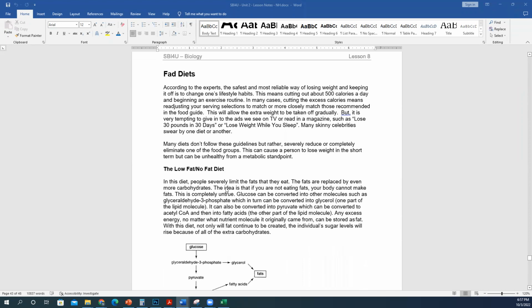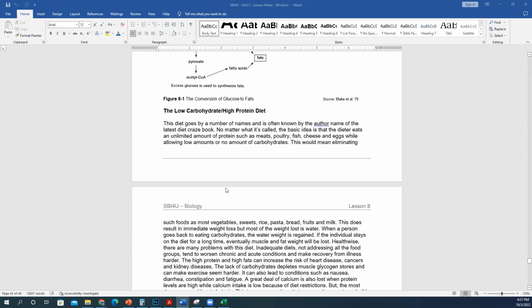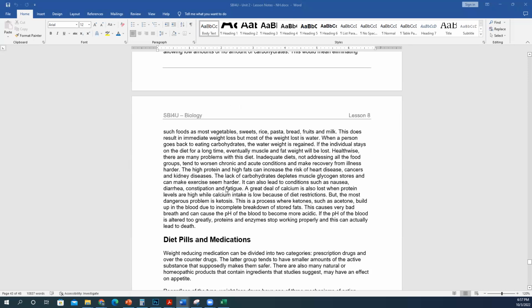The recommendation is to gradually change your lifestyle, incorporate more exercise, and try and more closely follow the Canada Food Guide, consuming complex carbohydrates, and a good amount of leafy green vegetables and fruit. Small amount of protein, small amount of fat.